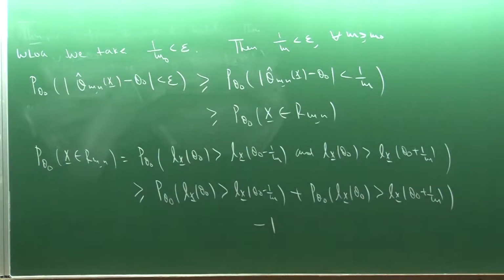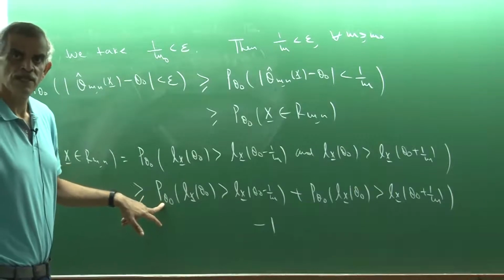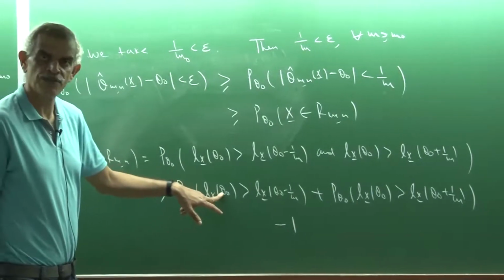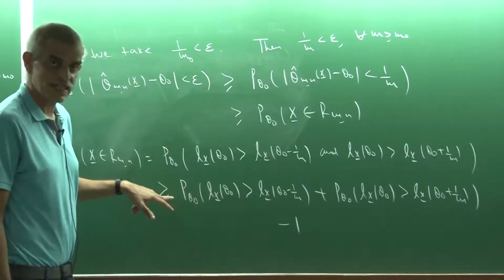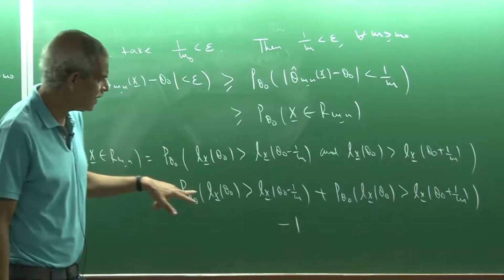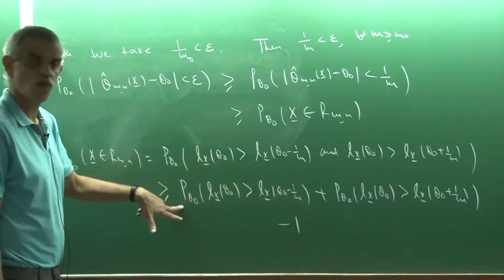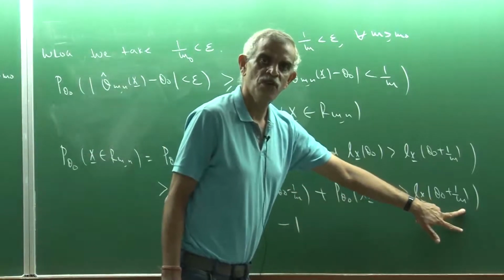But now just recall the result which I did yesterday. If theta naught is the true value, then the likelihood function at theta naught would be the maximum. So from the result which I did yesterday, as n goes to infinity, this probability goes to 1. This probability also goes to 1 for every theta.